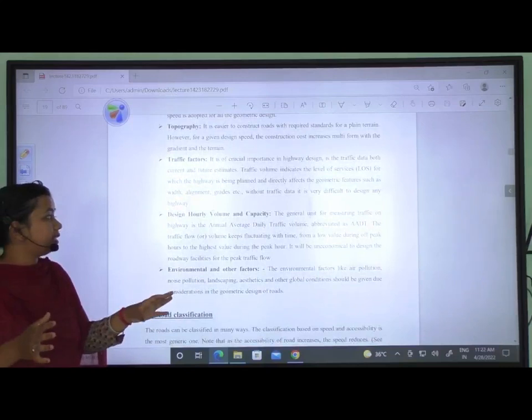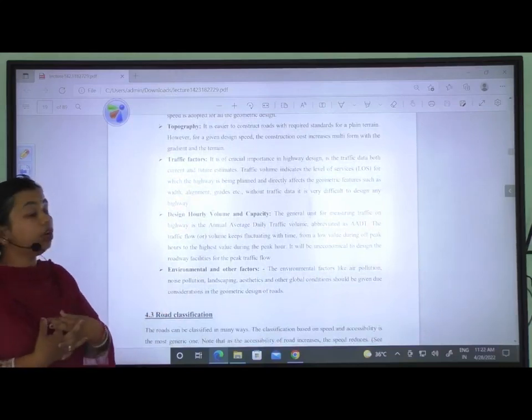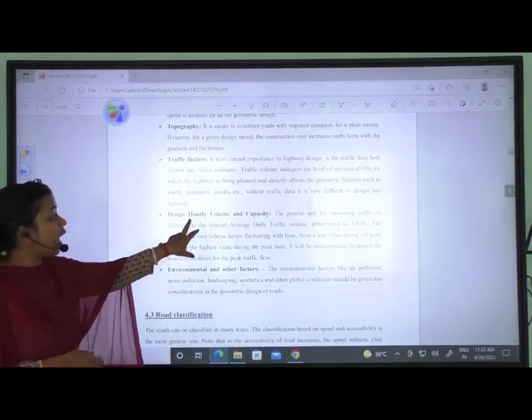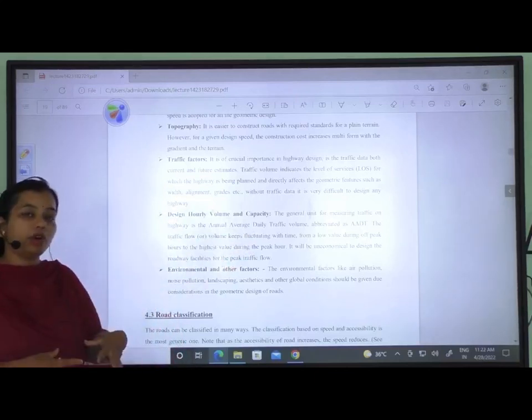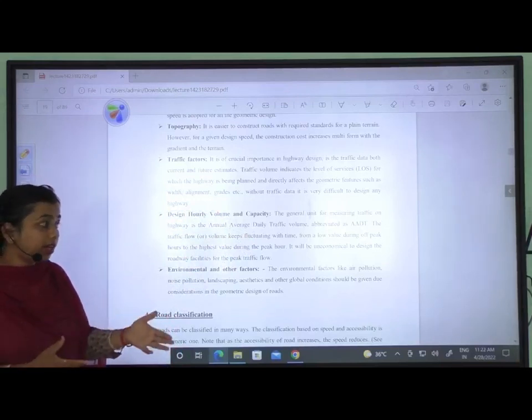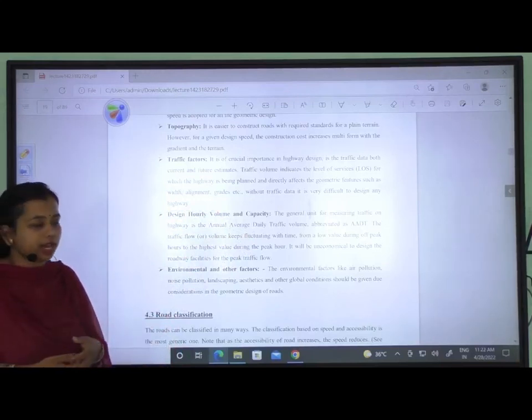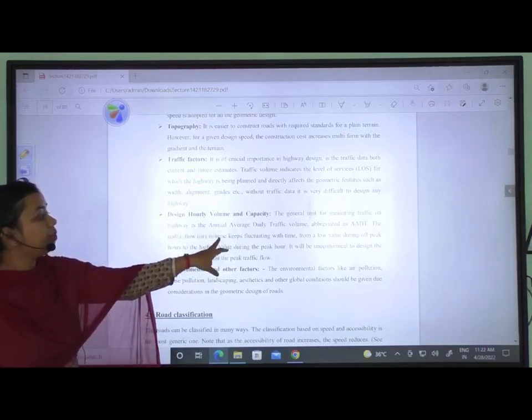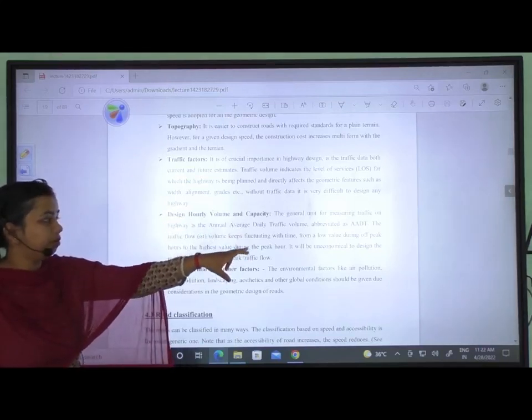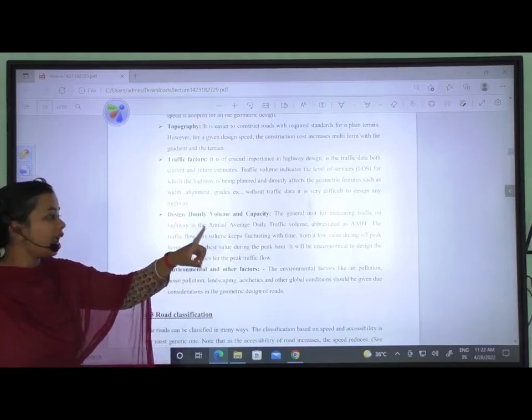So it is necessary. Next thing is design hourly volume and capacity. That means for 1 hour, what volume and what capacity of vehicles travel in the portion that we are going to design. The general unit for measuring traffic on highway is the annual average daily traffic volume, named AADT.